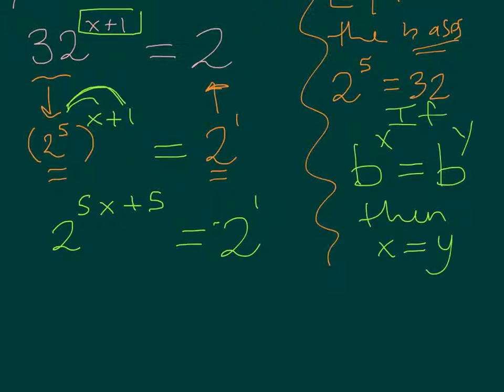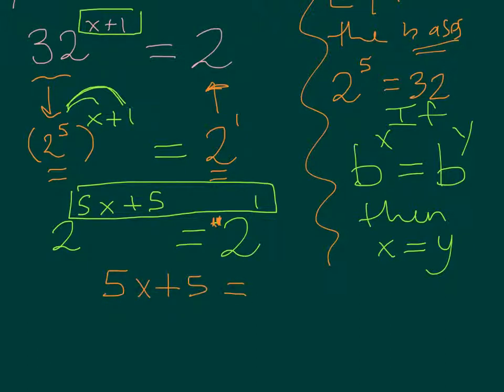So in this case, the only way this is true is if 5x plus 5 is equal to 1. Ignore this little mark, I don't know how that appeared. So I'm going to rewrite my equation as 5x plus 5 equals 1.